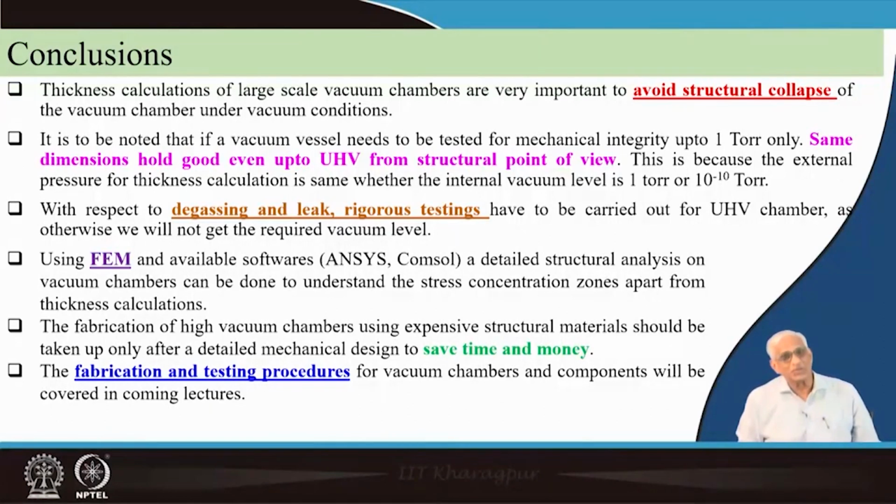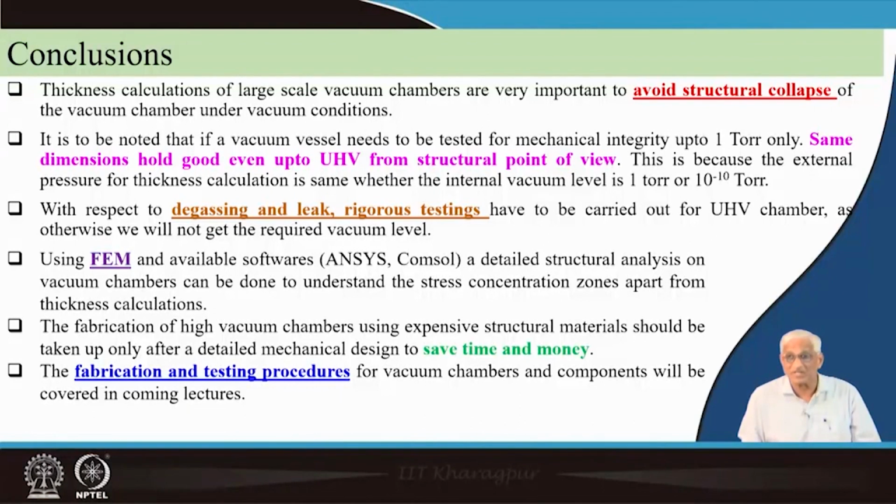Then with respect to degassing or leak, rigorous testing has to be done after mechanical implosion is taken care of. But if it implodes, then we need not do anything because it is no more a chamber, it is junk. Okay.